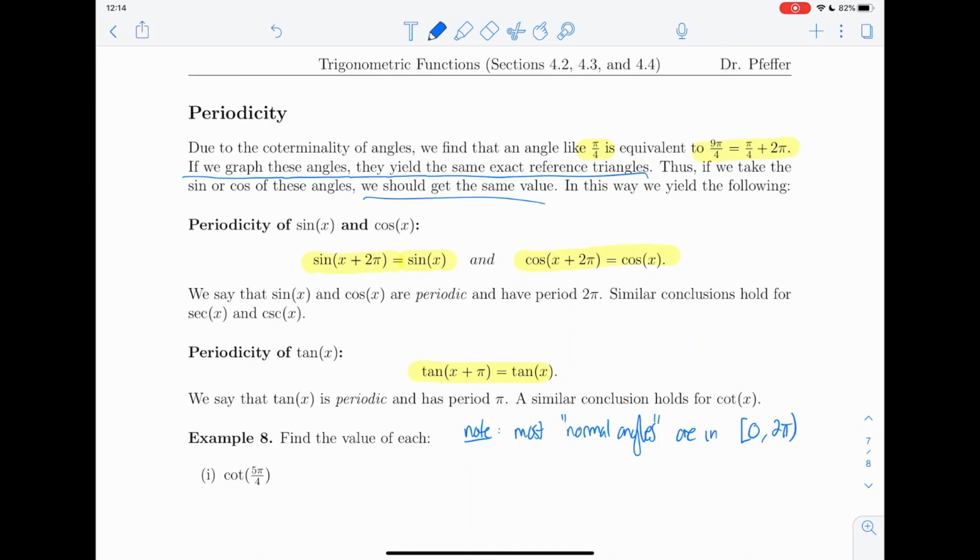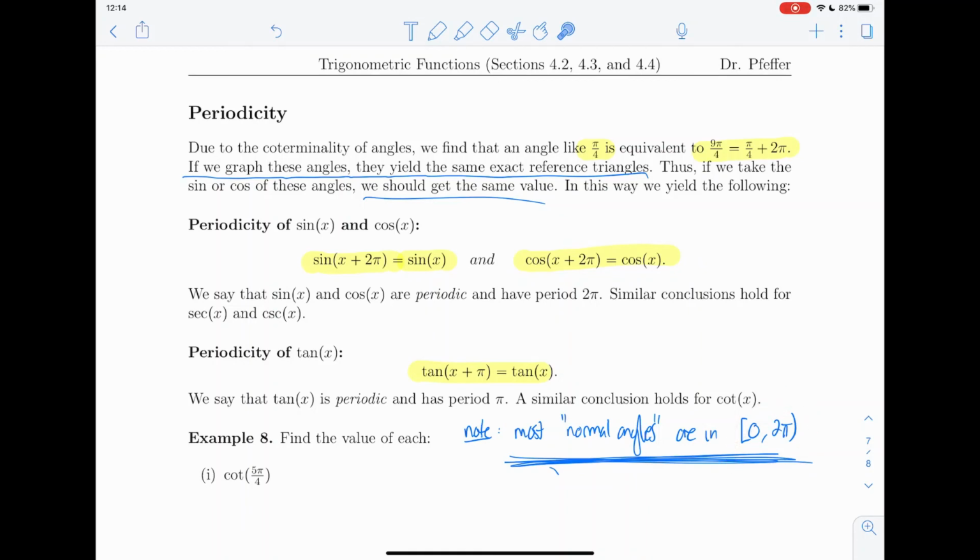All of the angles that we drew in the last lesson with the pizza slices, they all lived from 0 to 2 pi. When we talked about coterminal angles, we did start finding angles outside of 2 pi. And then we had some negative angles, and we had some larger angles. But most often, you'll be more familiar with computing with angles that live inside of this region 0 to 2 pi.